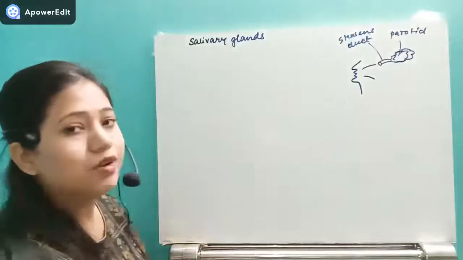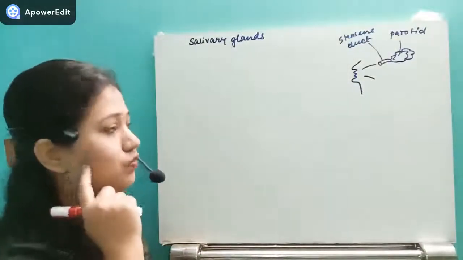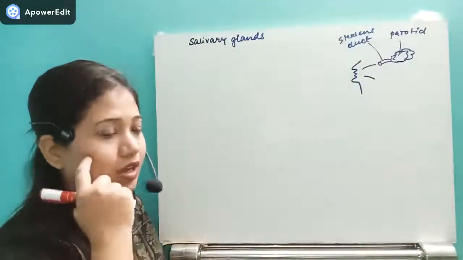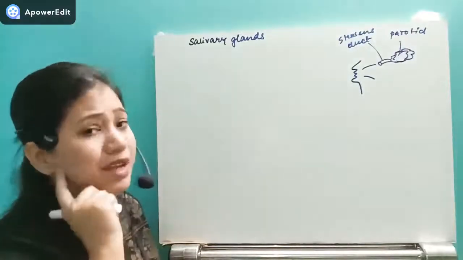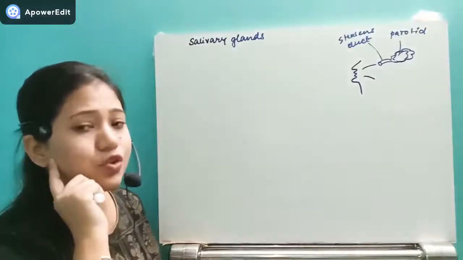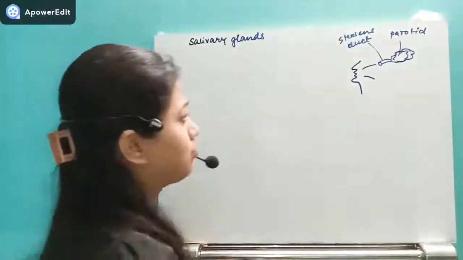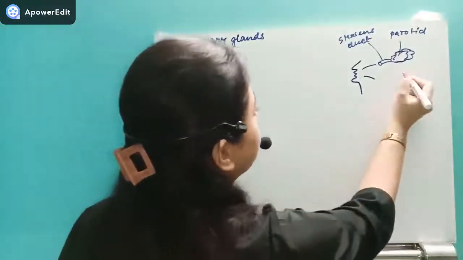Next one, wherever the two jaws connect. Here this is the maxilla, here this is the mandible. Wherever the maxilla and mandible join, in that junction we are going to have the next gland. What is that?